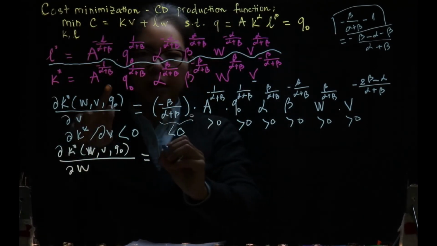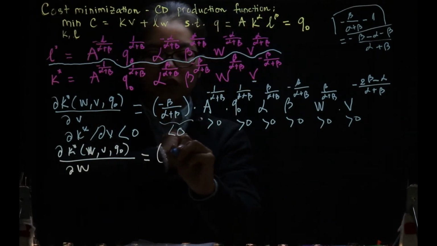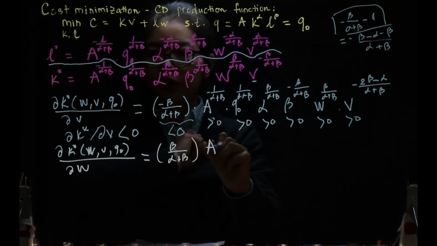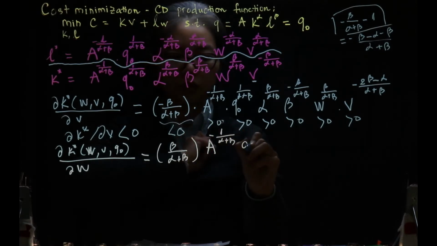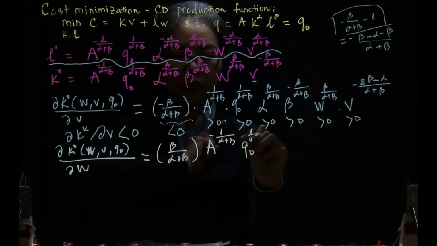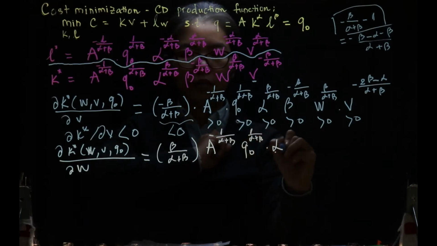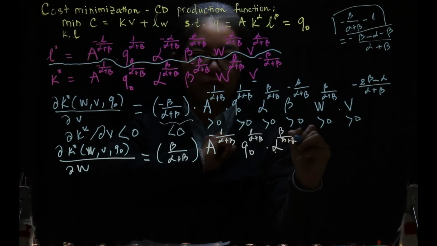Let's go back here, labor is here, so the exponent goes first, beta over alpha plus beta, everything else the same, alpha plus beta, Q0 to the power of 1 over alpha plus beta, alpha, beta over beta plus alpha.